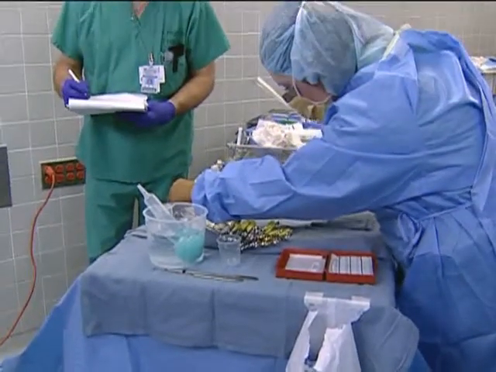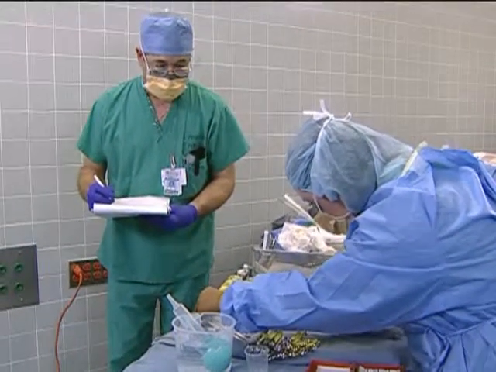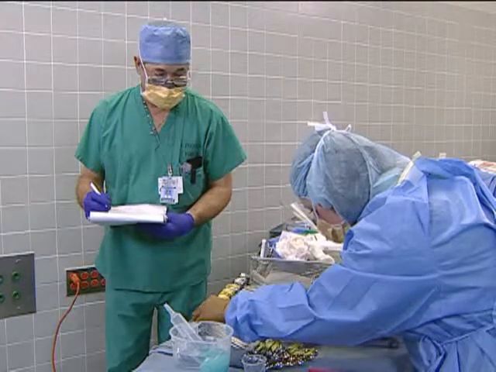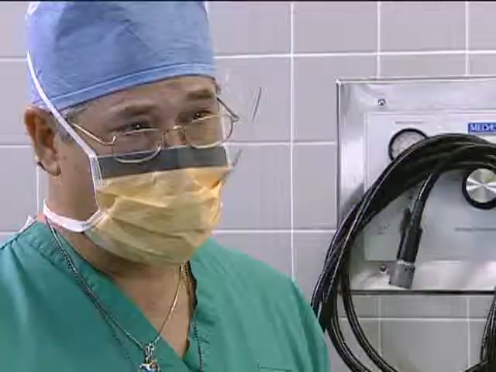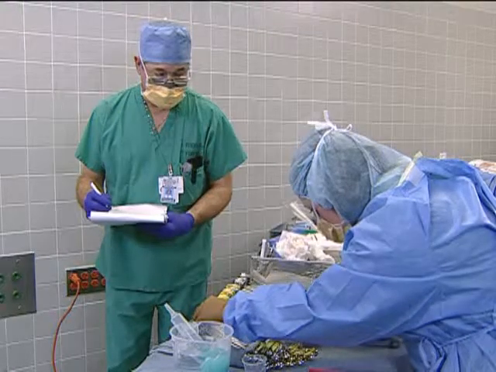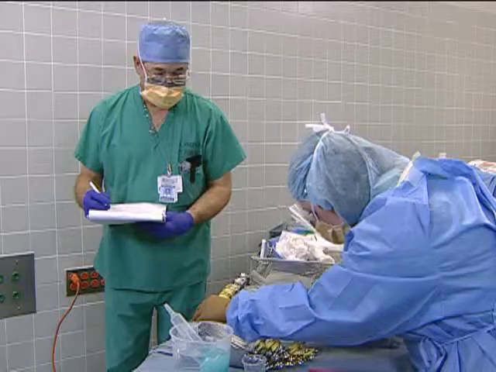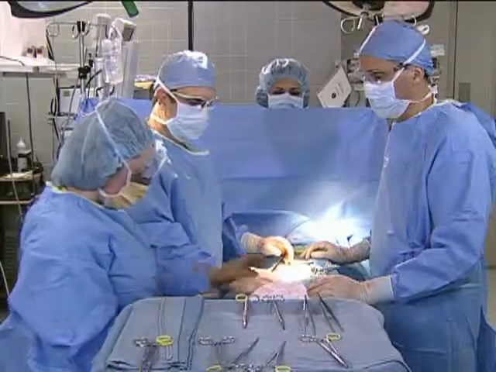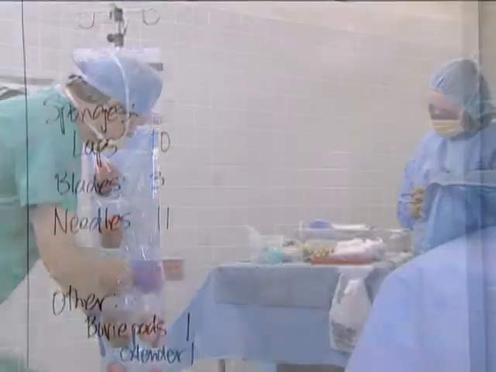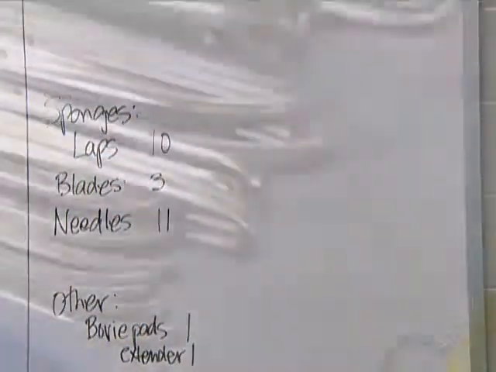Amy and Rob are counting sponges, sharps, and instruments together to reconcile their current counts with the counts from the beginning of the procedure. During the counting of instruments, Rob is following his count sheet that accompanied the instrument tray prepared by the Supplies, Processing, and Distribution Department, or SPD. When accounting for sponges, surgical nurses should use a method that is transparent for all surgical team members in the OR to see.